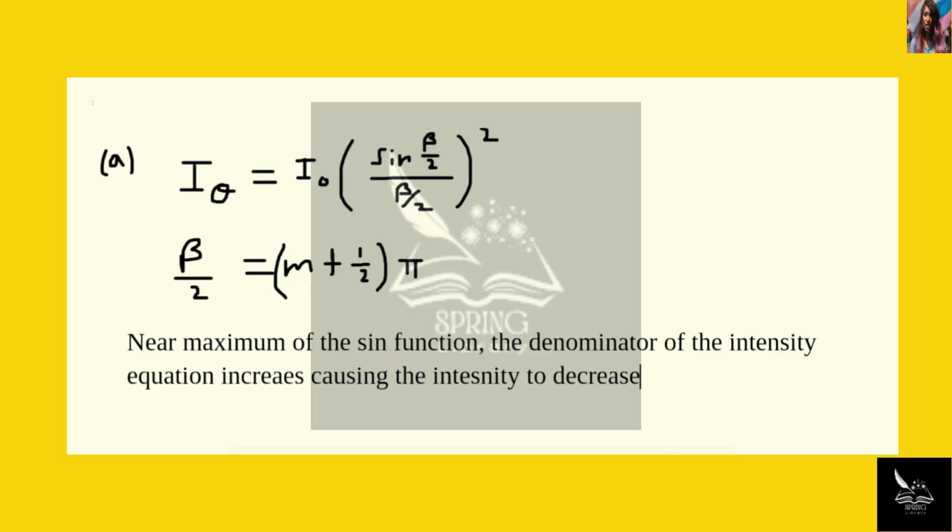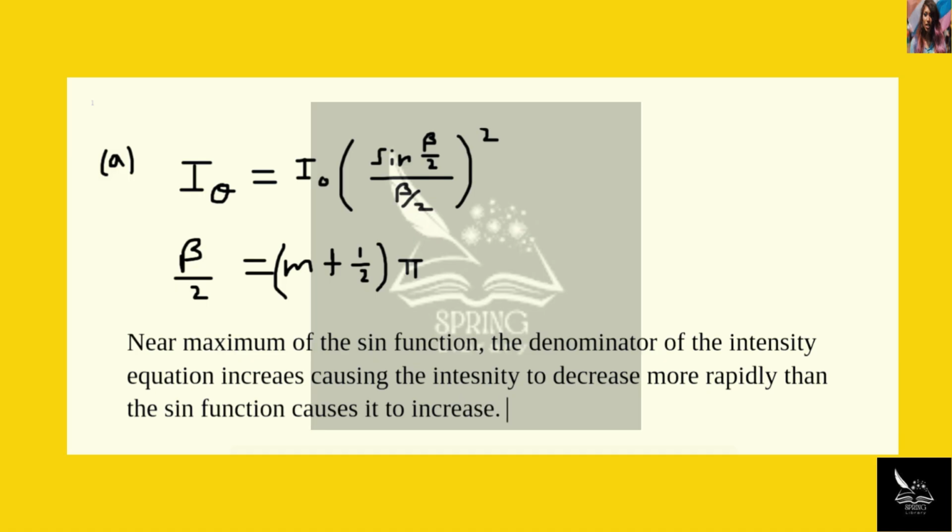If the denominator increases, the total intensity decreases more rapidly than the sine function causes it to increase. And this is our reasoning for part A, and we can box that in.